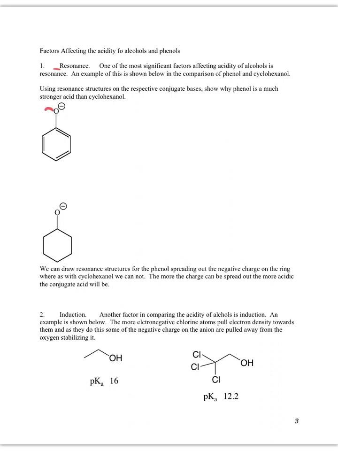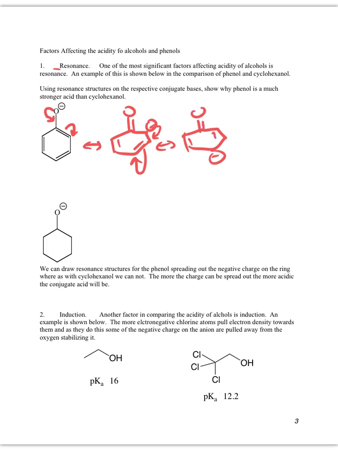And with the phenoxide, we know we can send the electrons from the oxygen into the ring, and we can send them around the ring, spreading out that negative charge all the way around the ring.